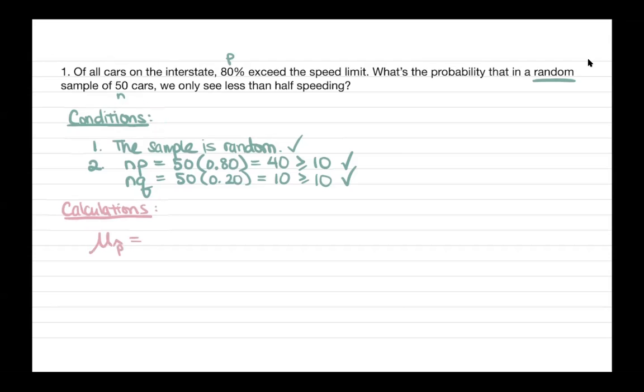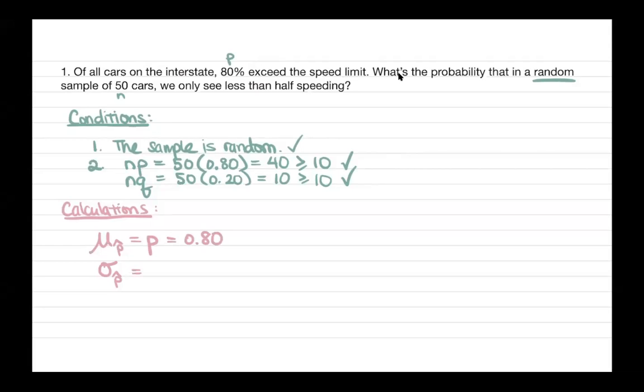What would that be equal to, Susan? Okay, so yeah, good job. Thank you, Susan. Mu sub p hat is just equal to p, and then p is equal to 0.8. All right, so since it's equal to p, this is just equal to 0.8.